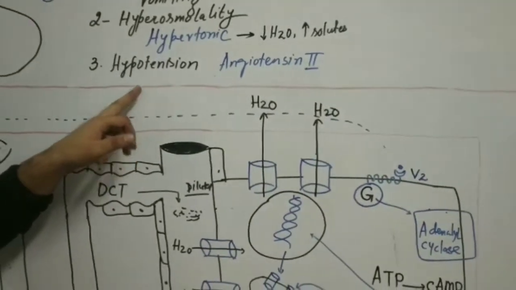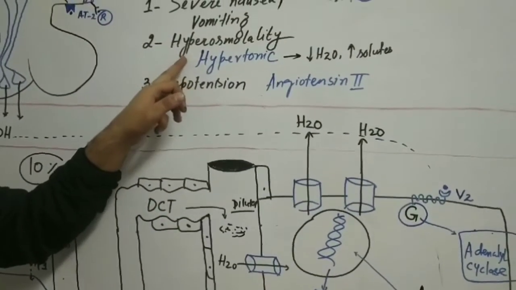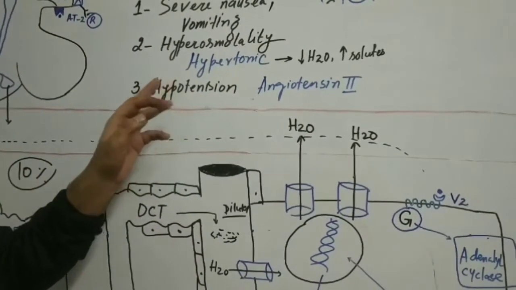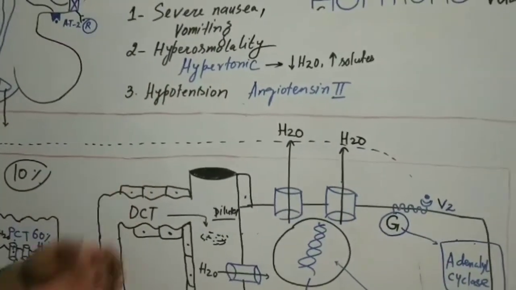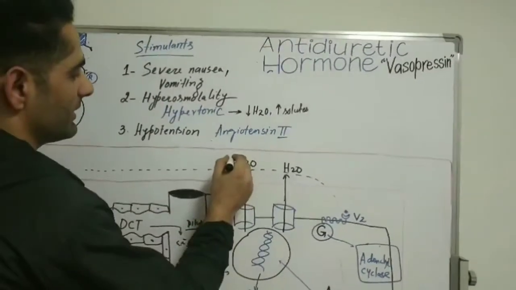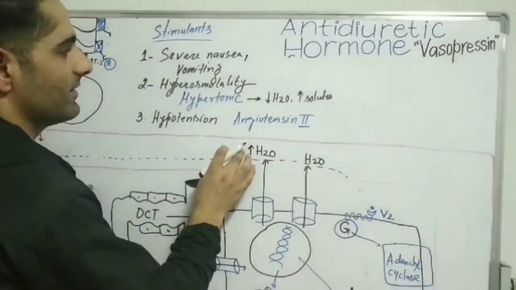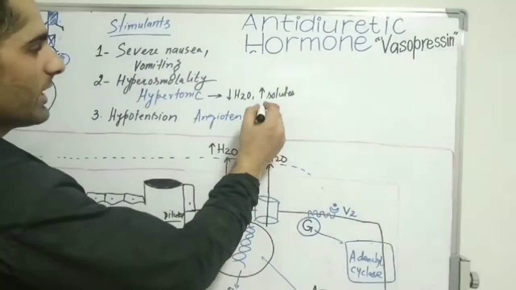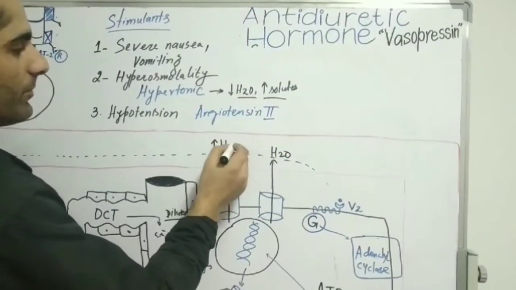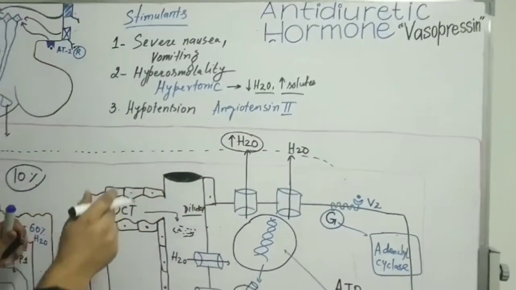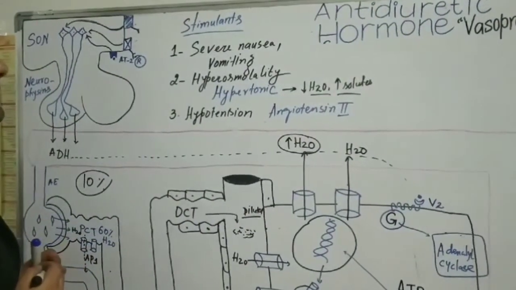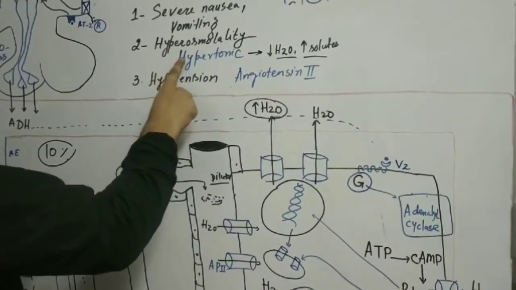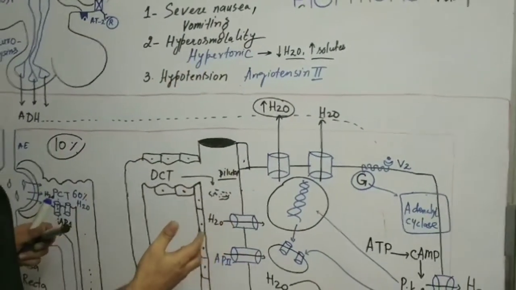Now the blood will become, not hypoosmolar, it will become isotonic. The osmolality will be normal now because the water increases in the blood. It means there will be a normal amount of solutes and a normal amount of water now. This was the point regarding hyperosmolality and normal osmolality.